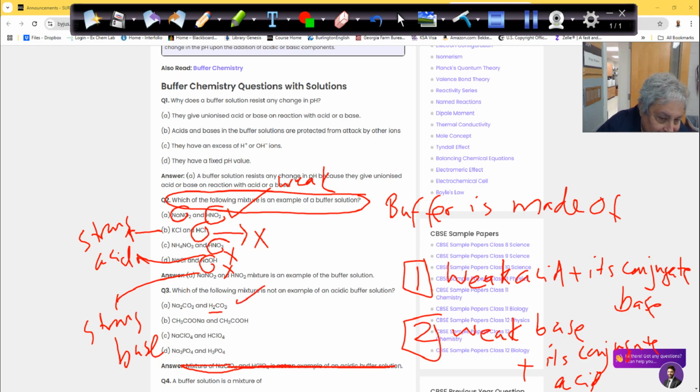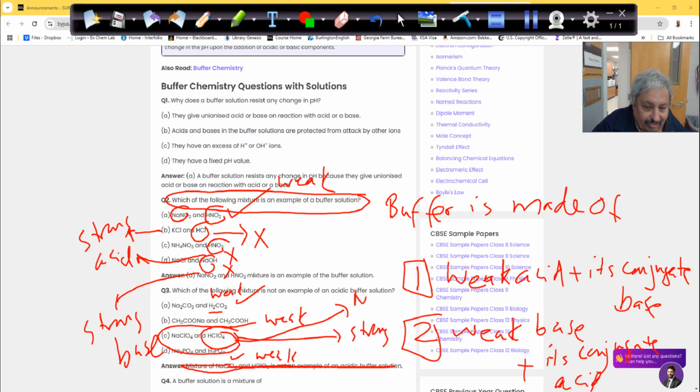That's weak acid. This is weak. This is weak. The only thing, this is strong. This is strong. So this is not a buffer. Okay, guys.